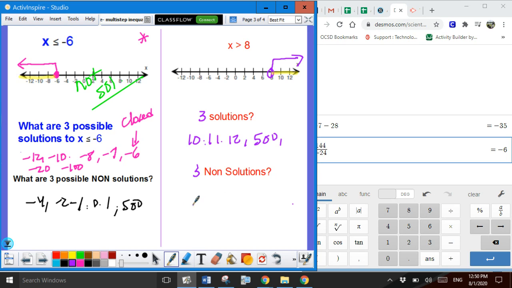Numbers that don't work: negative 12, negative 4, 0, 2, and 8. This does not work. Okay, it is not a solution because that is an open circle. So make sure you understand the difference between having an open circle and a closed circle and being able to identify when I actually have a solution.